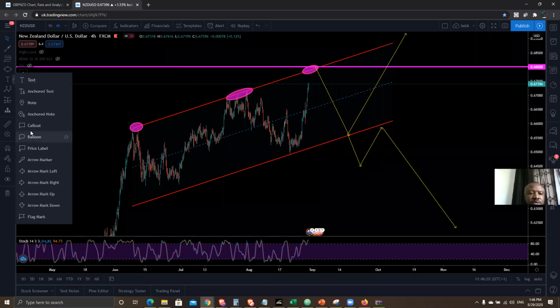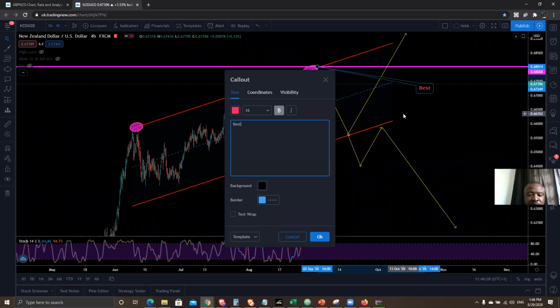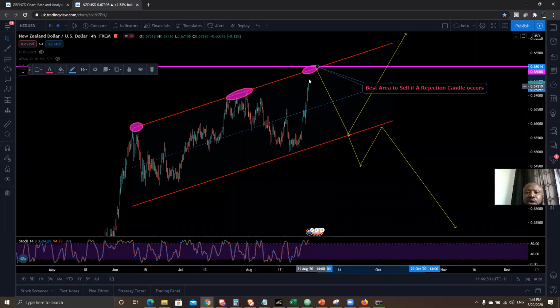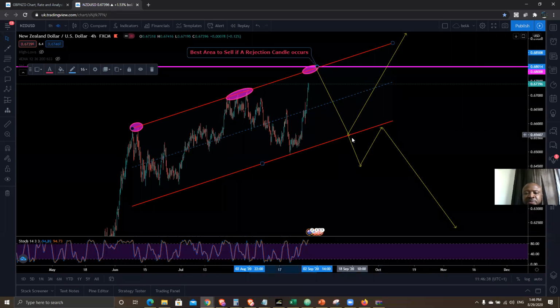All right, so let's sell area. So if the injection candle goes, because we know for a fact that the trend is that New Zealand is strong, we can be anticipating a potential reason to come and buy here again.